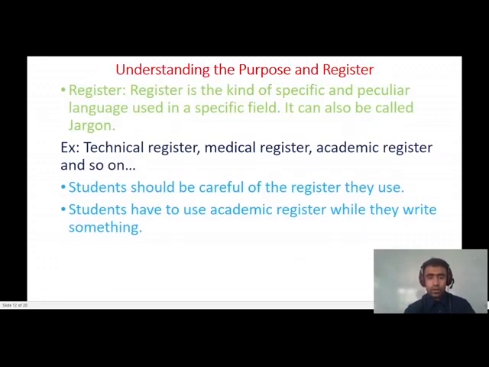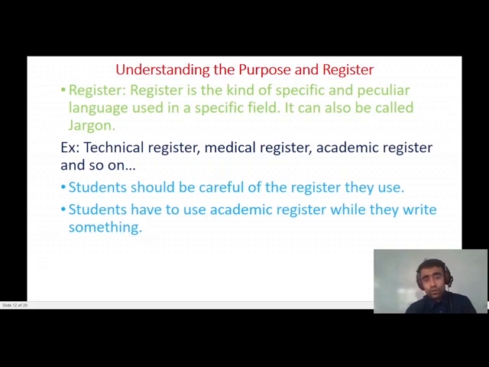So what is register? Register, as we mentioned before, is a kind of specific and peculiar language used in a specific field of study, for example. Usually we can call it jargon. We have different kinds of registers: technical register, medical register, academic register, and so on.